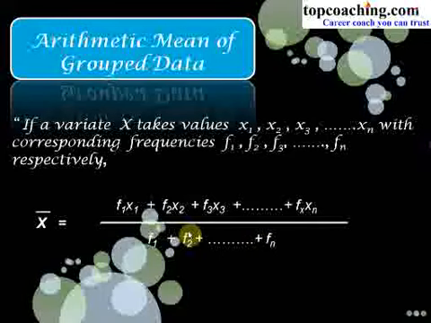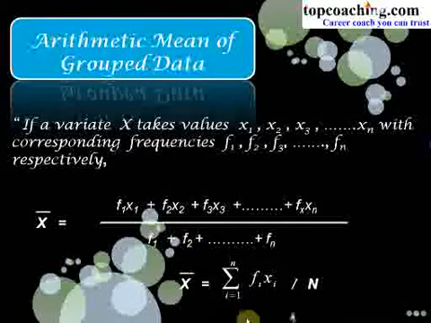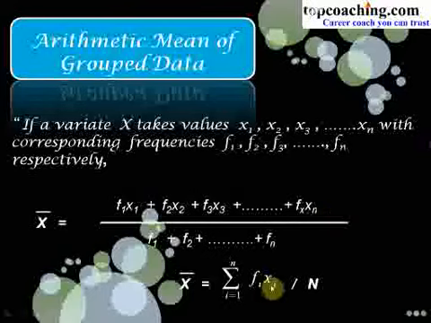It can also be written as x bar equals sigma fi xi divided by capital N, where sigma fi equals f1 plus f2 plus f3 up to fn, and x1, x2, x3 can be written in the form of xi, and capital N is the total number of frequencies. Now again the next example will illustrate this definition.